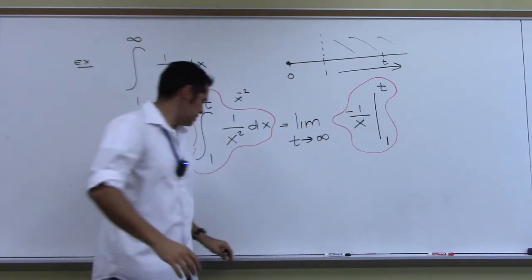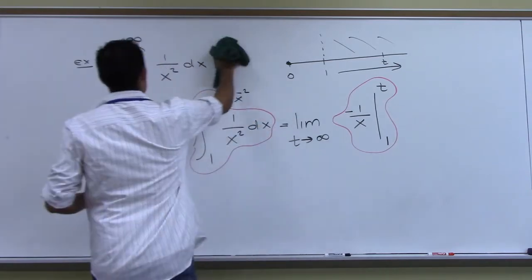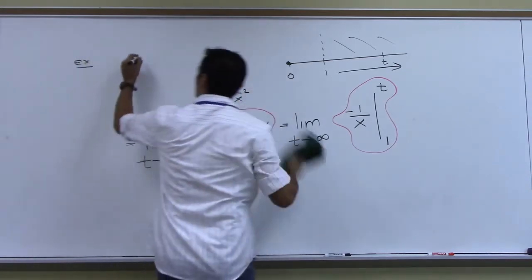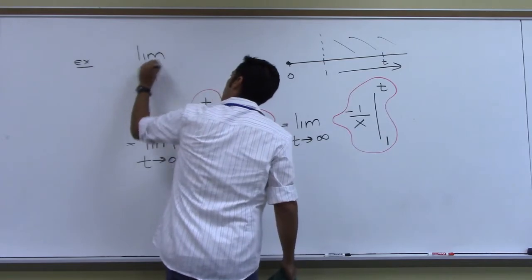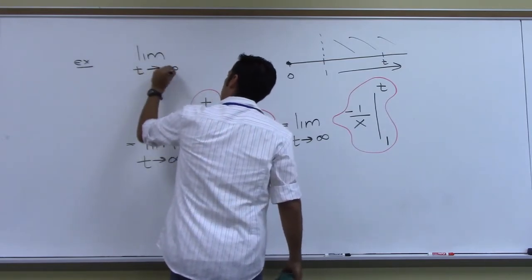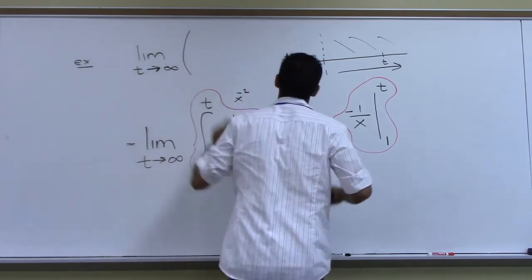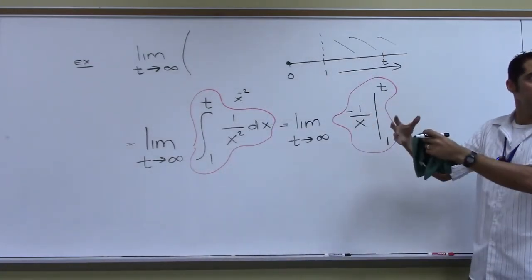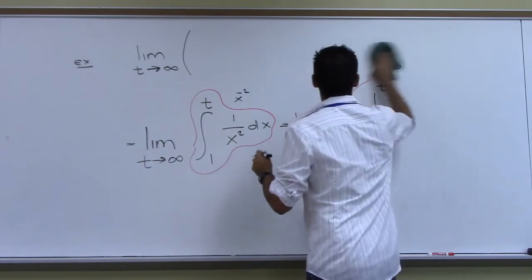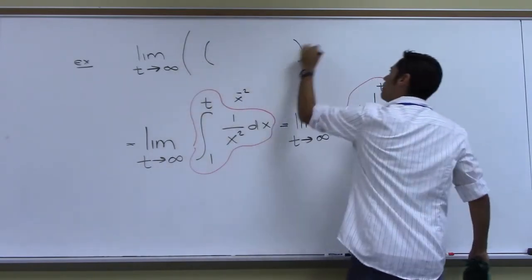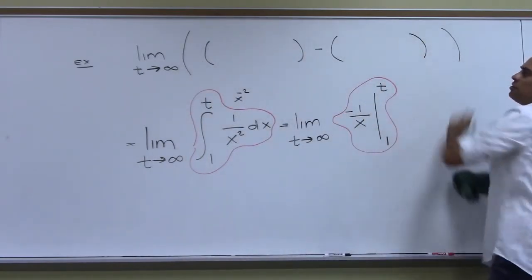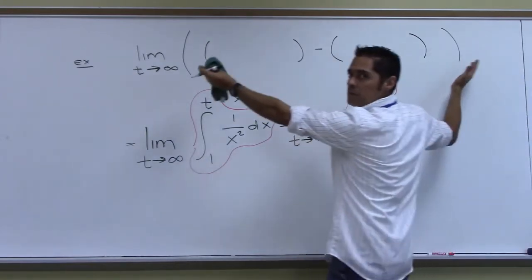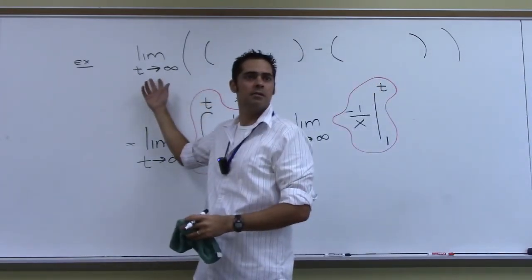Plug in the 2 points, and then the limit is still out front. So I get limit. T is going to go to infinity, but not yet. Of, I plug in t, then I plug in 1, I subtract the 2, right? So I'm going to set up my 2 sets of parentheses here again. But notice that those 2 sets of parentheses are living inside of the bigger parentheses because I still have to take a limit.